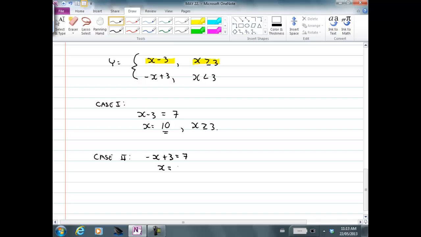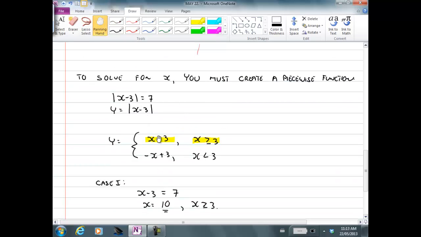Or negative 4? It is going to be negative 4, when x is less than 3. See, there's my two cases. So I have two answers, 10 and negative 4. So to solve with a piecewise function, I do it two times. Try this question on your own without any help from me. Good luck.